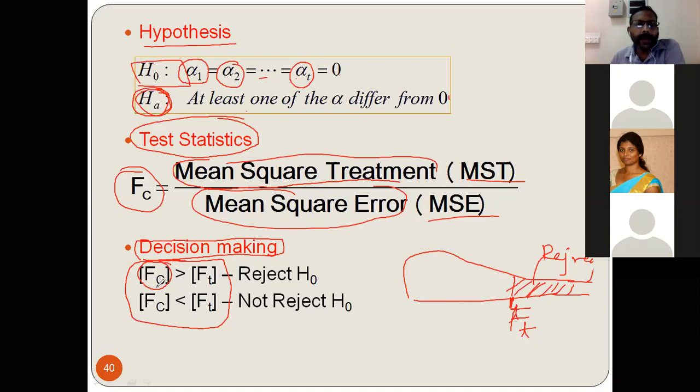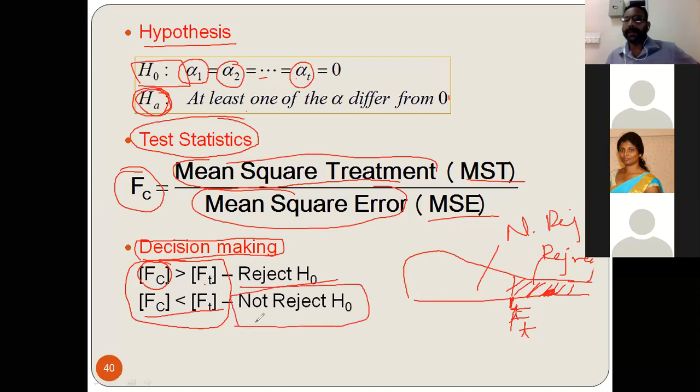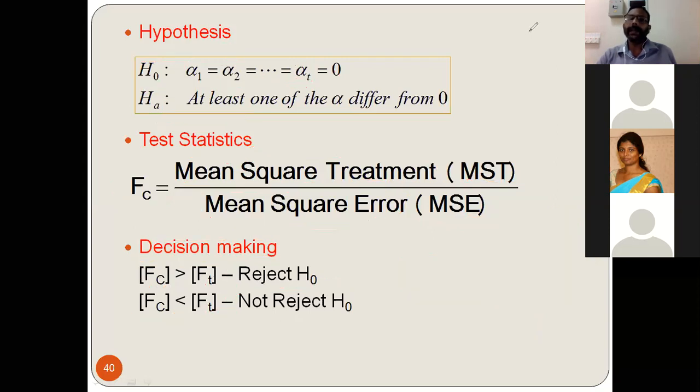Now, if the calculated value is greater than the table value, it will fall into this rejecting region. Then we reject our null hypothesis. Suppose my calculated value is less than the table value, it will fall into the non-rejecting region. So we cannot reject our null hypothesis. Is it clear? All right. So this is the decision making process. It is true for any test, not only this test.